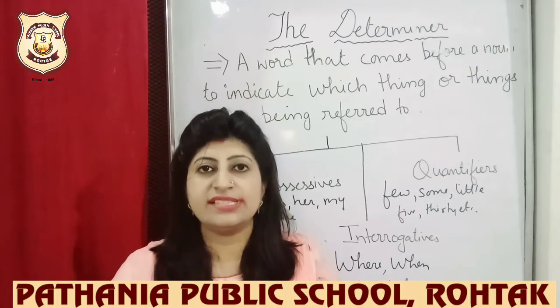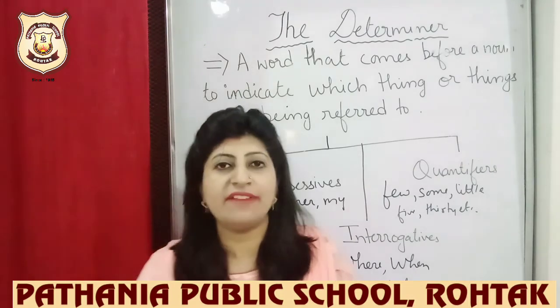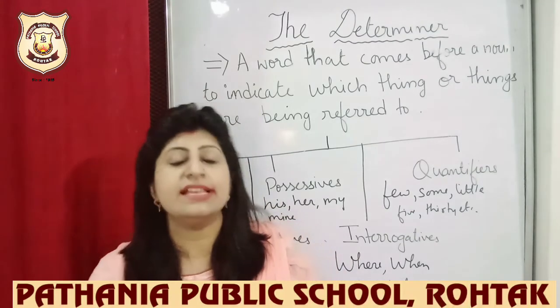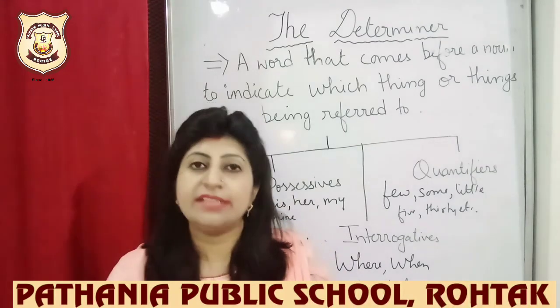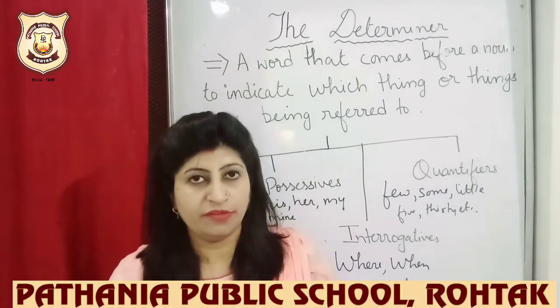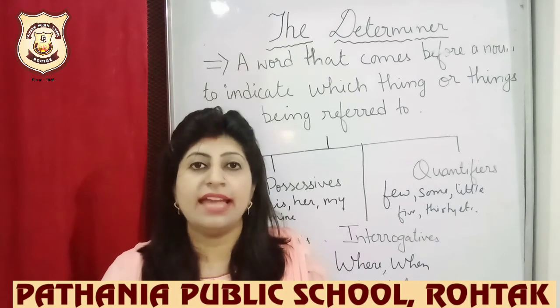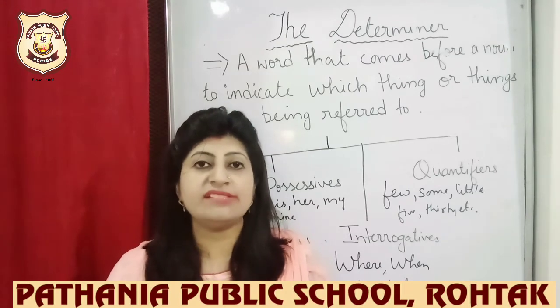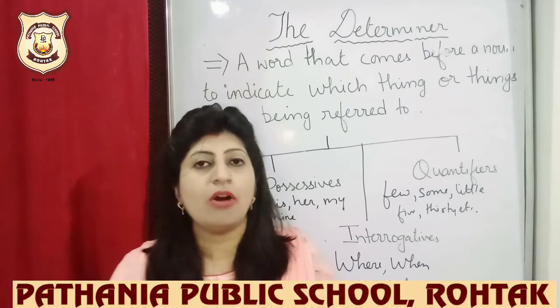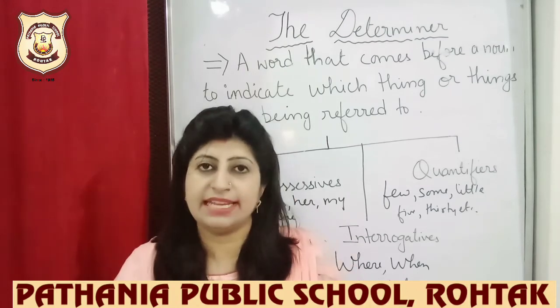Let's start a quick revision of what we have learned under the heading of determiners. We have learned that determiners are placed in front of a noun and they help us know whether the noun is referring to a particular thing or multiple things in a sentence.